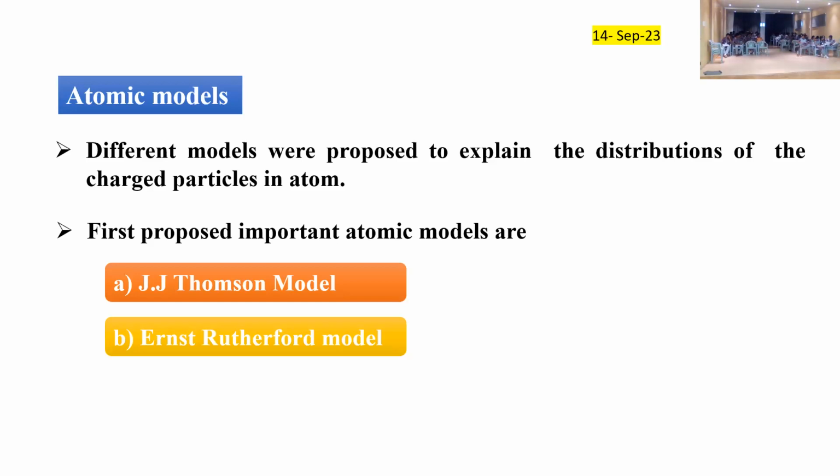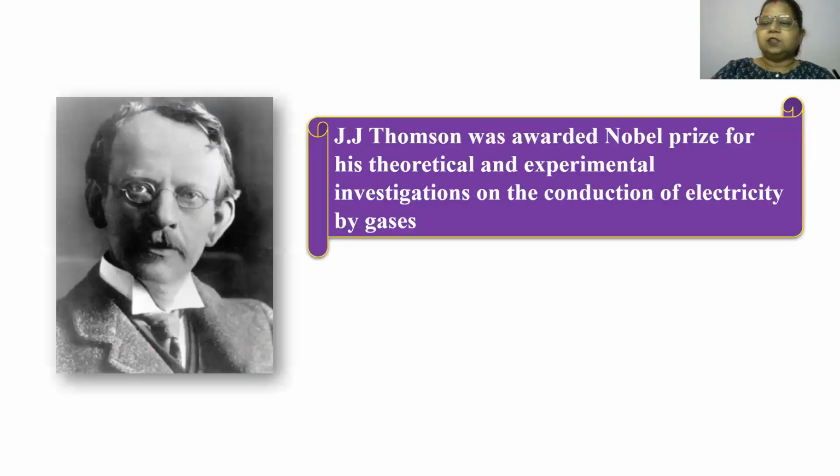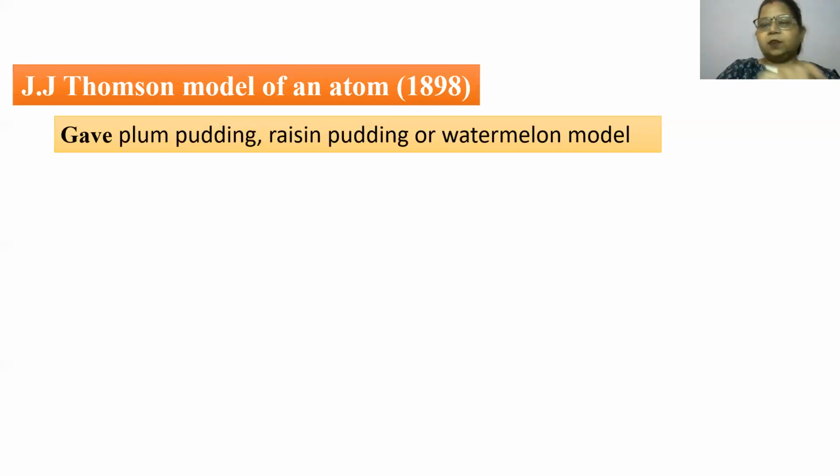Completed, ma'am. Good. So this is what I was saying, that J.J. Thomson was awarded the Nobel Prize for investigating the conduction of electricity in gases. He did not get the award for giving us the first approved model of the structure of the atom. Now, these are the various names.